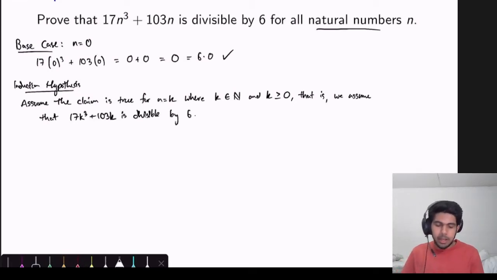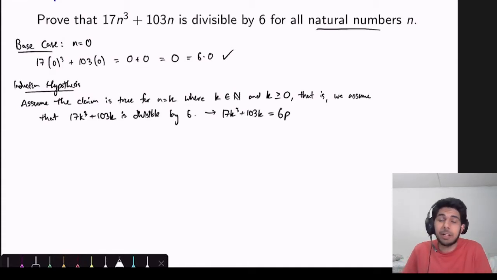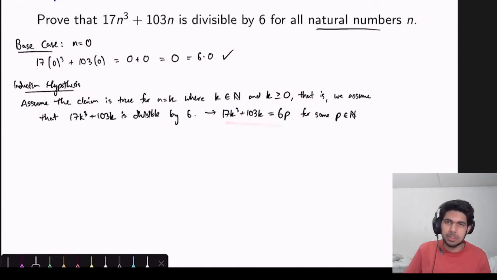Okay? And so another way of saying this is that 17k cubed plus 103k is equal to 6 times some value p for some p in the natural numbers. Right? That's what it means for a number to be divisible by 6. For example, 18 is divisible by 6 because we can write 18 as 6 times 3. So this is sort of what we'll assume.